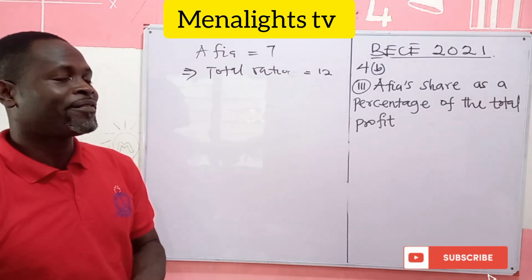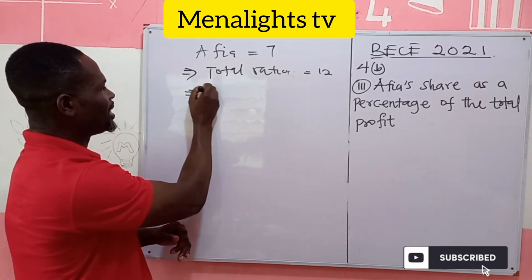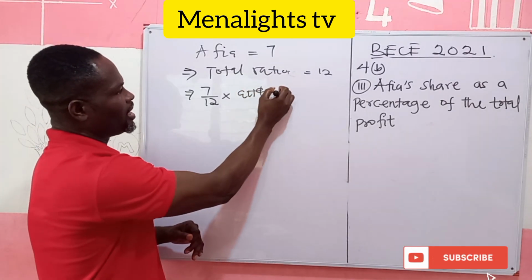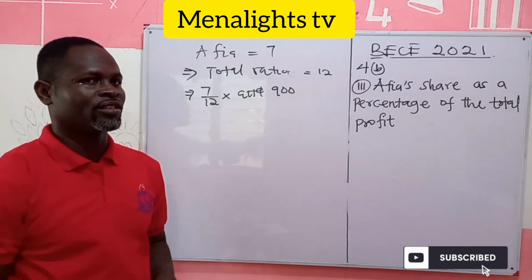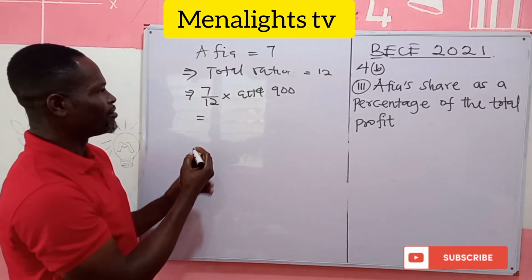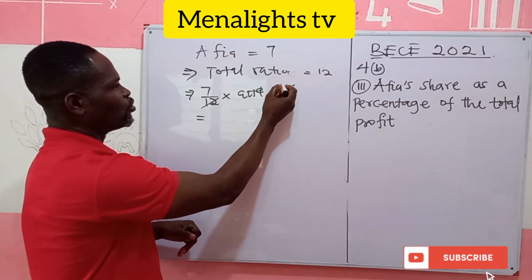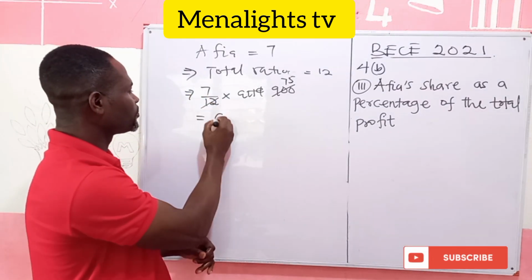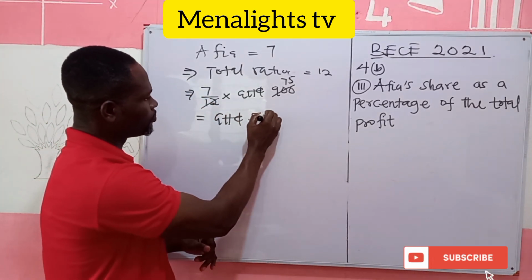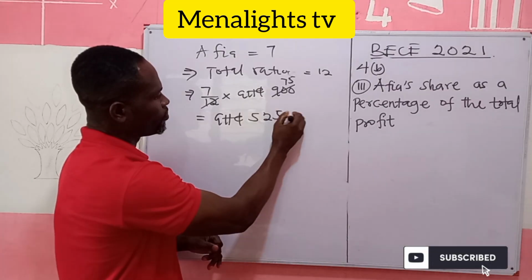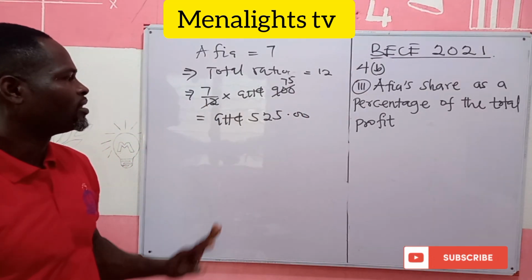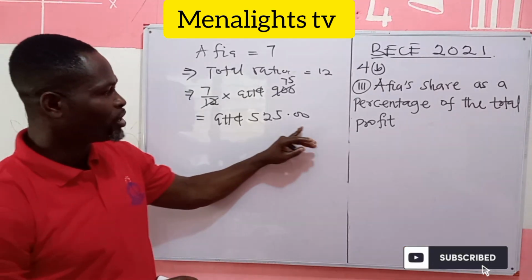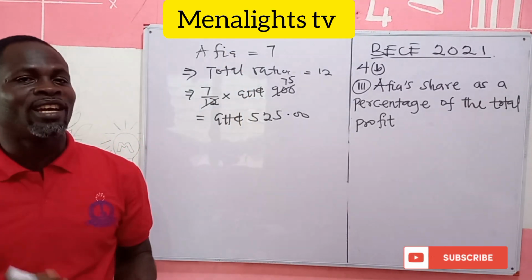So for us to know Afia's share, that will be 7 out of 12 times the total profit made, and the profit is 900. When you do the calculation, the same way, this will go here 75 times, and 75 times 7 gives us 525 cedis.